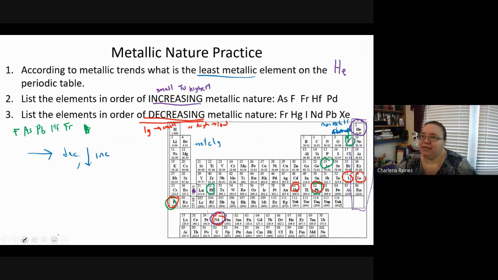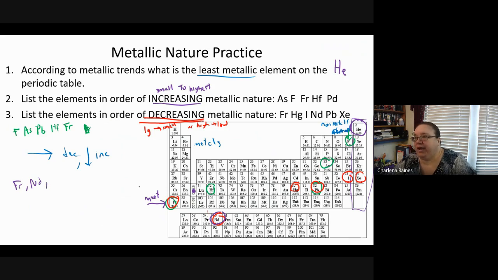So decreasing means I'm starting with the largest. Well, my most metallic is going to be francium. So francium would be first. Then we put them in order from how we see them lining up on the table. So Nd would come next.